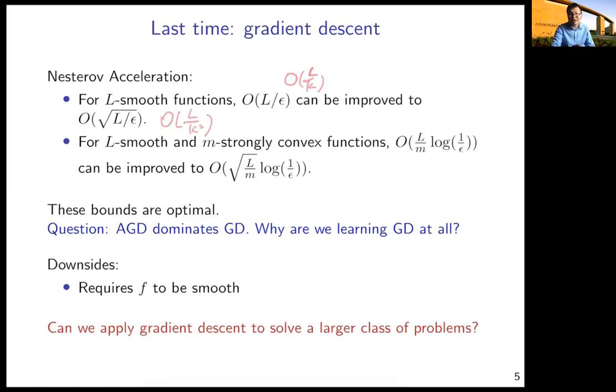Similarly, for strongly convex functions, accelerated gradient descent requires a very delicate choice of the sequence of learning rates and specific parameters, which requires knowledge of the strong convexity parameter m and the smoothness parameter L. Without knowing these parameters, it isn't easy to optimize over that family of functions using accelerated gradient descent.